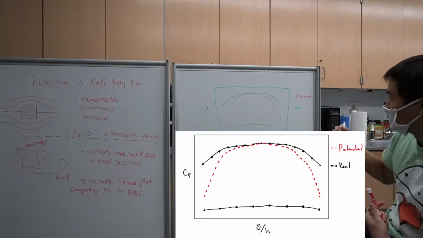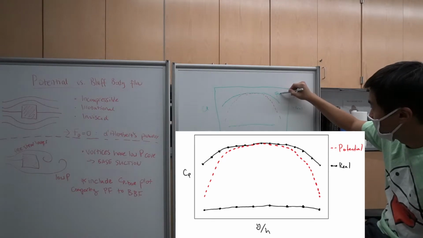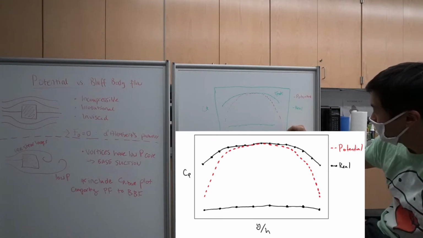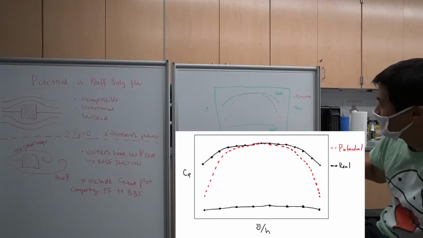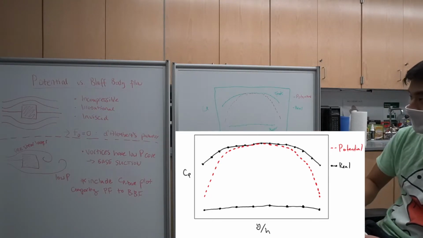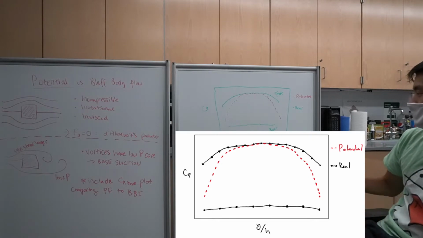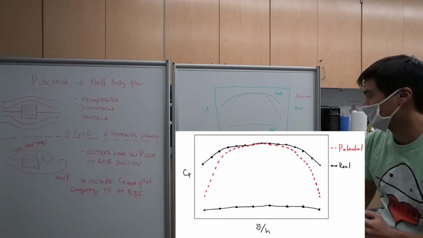So this right here is the front face for the real cylinder case, and the rear face. And then obviously for potential flow, it's symmetric on both sides, so this represents both the front face and the back face.